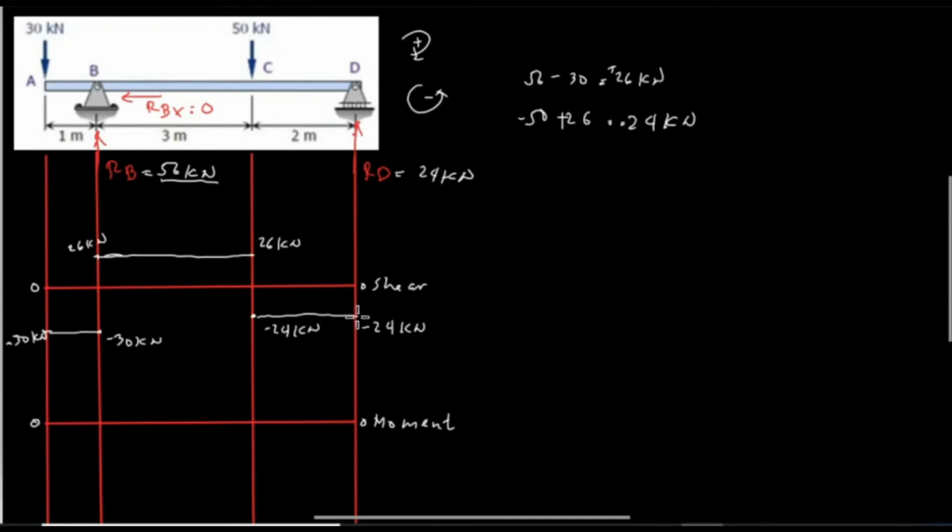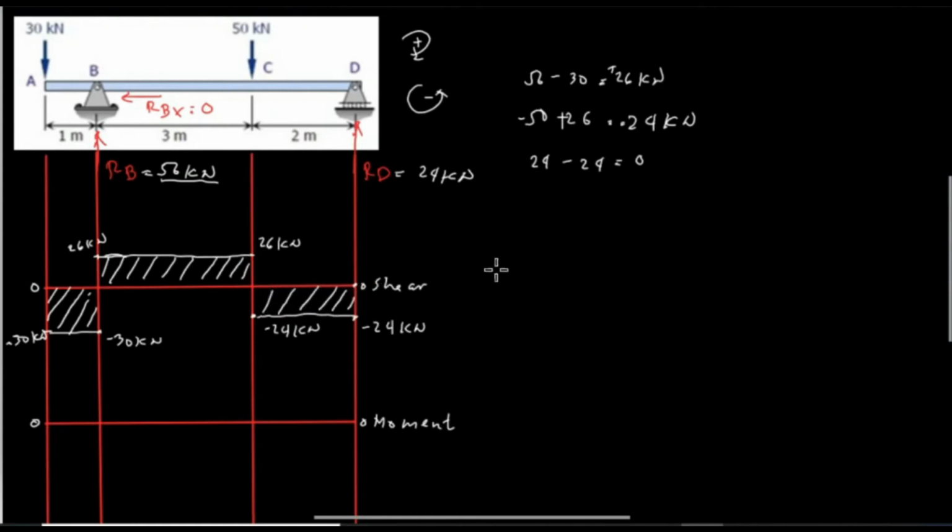From negative 24 we go up 24 kilonewton, so 24 minus 24, and the value is 0, and this is the point for point D. And so these are the shear values, and we'll make a shaded area for this one.